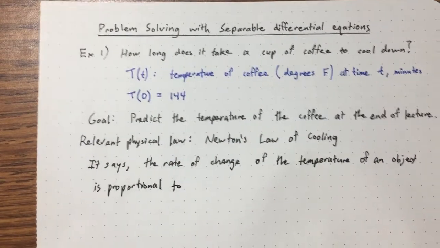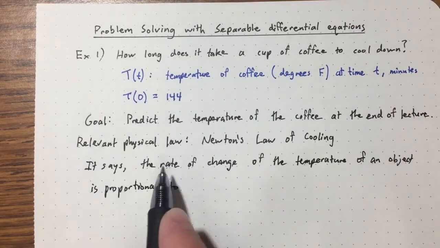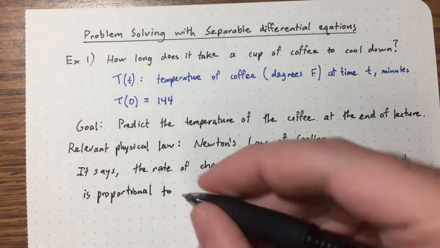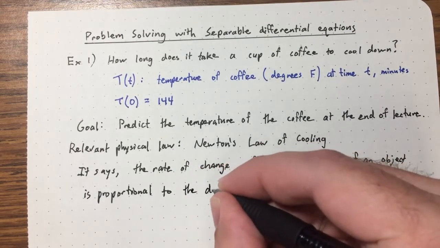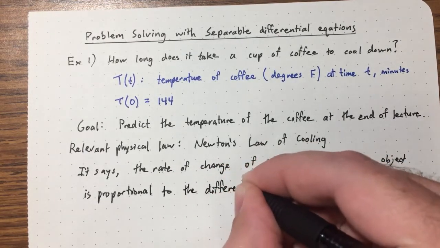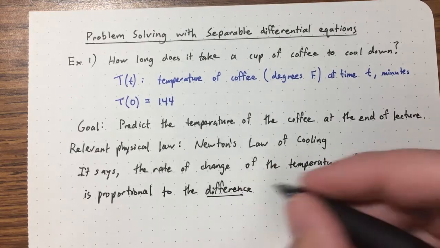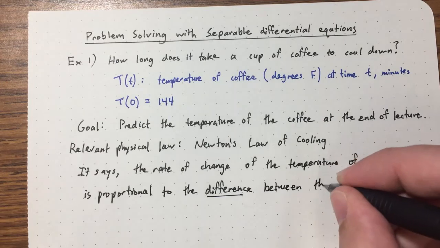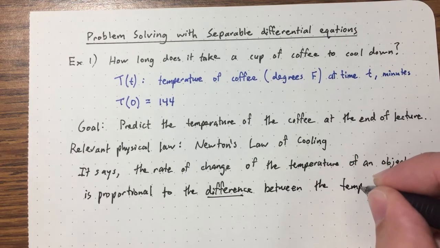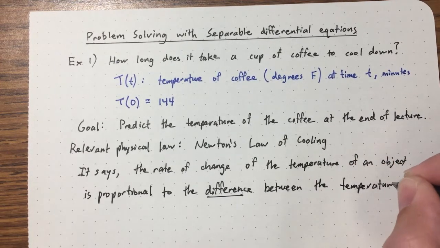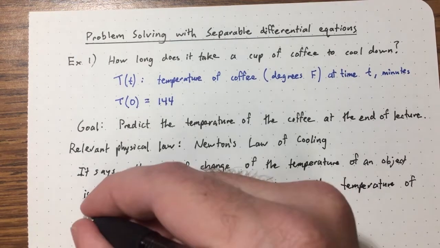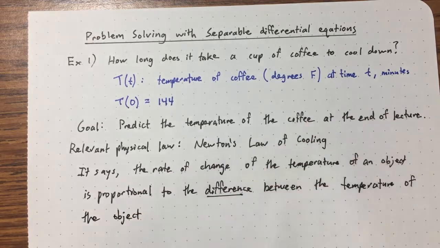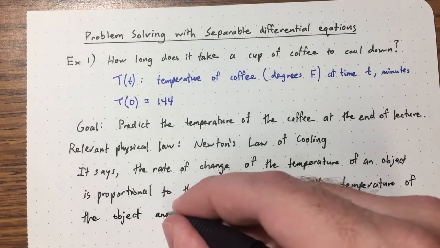So this is already starting to sound like a differential equation, right? We're talking about a rate of change being proportional to something. So what is it proportional to? It's proportional to the difference between the temperature of the object and the ambient temperature.